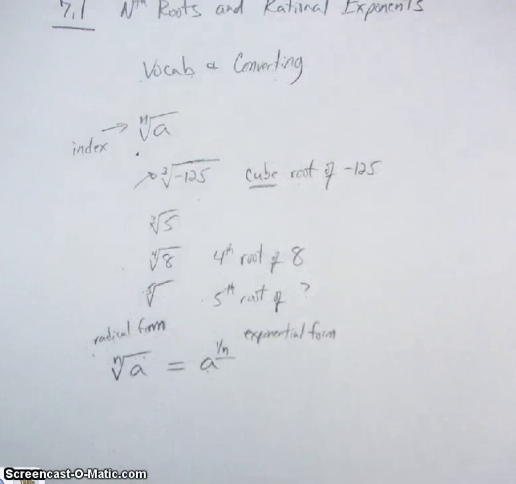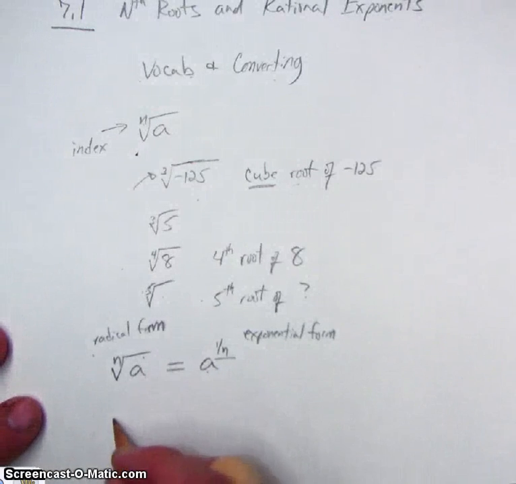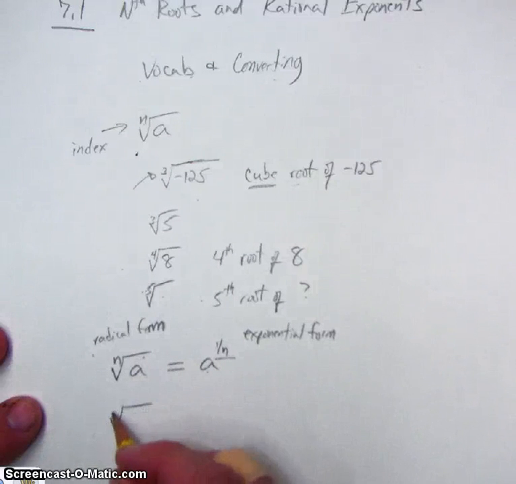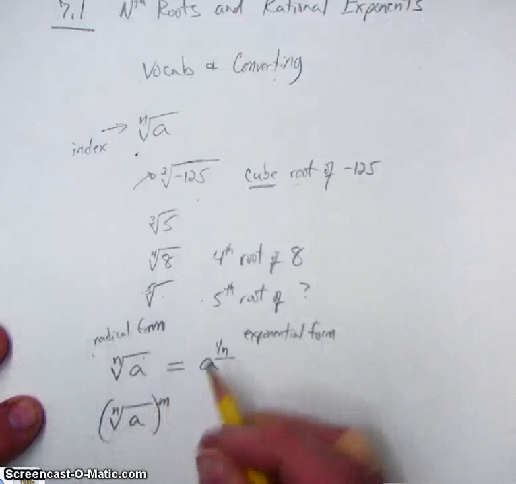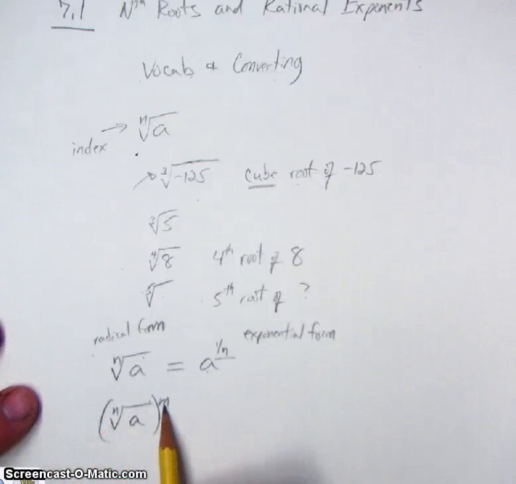All right. So let's do some examples. Now, also, one more thing. If I have, let's say we have something like this. This is radical form because I still have a radical, index n, but I also have an exponent.